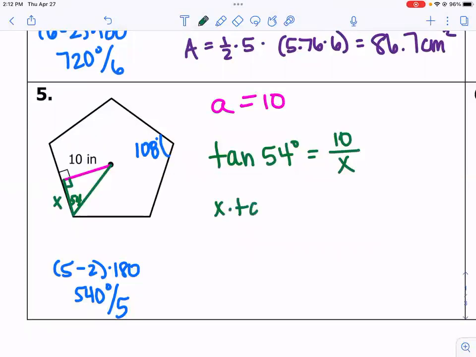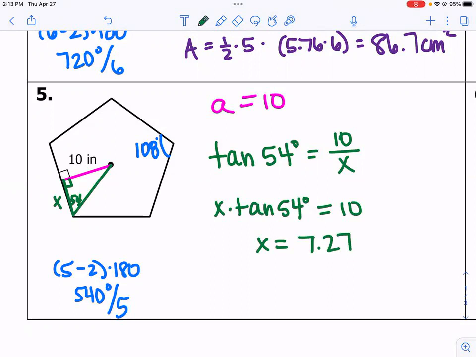So X times the tangent of 54 equals 10. So in our calculators, we're taking 10 divided by the tangent of 54. What is it? 7.27. If it's not the final answer, let's go to 2 decimal places.